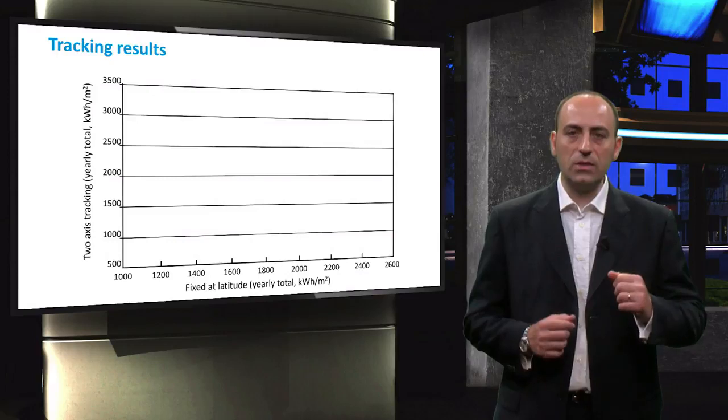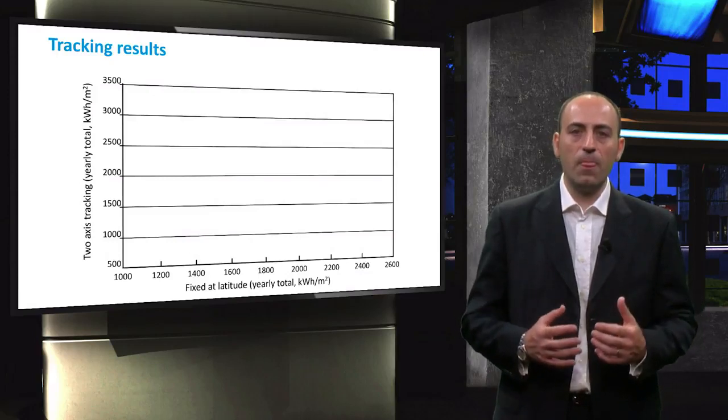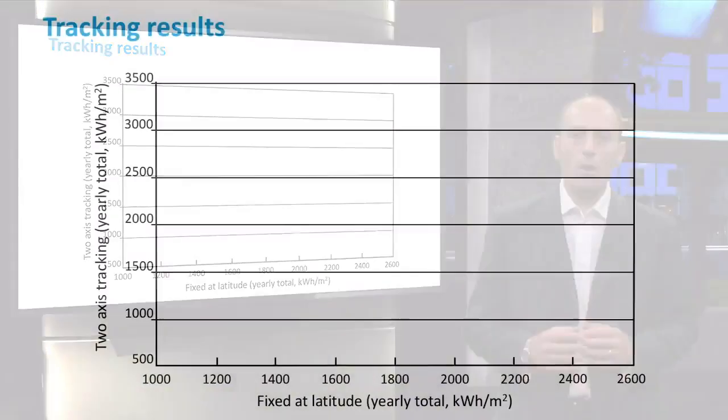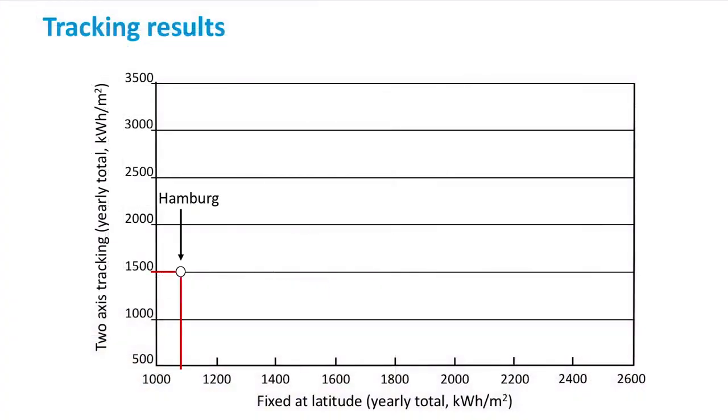On the vertical axis, we have the incident energy for a 2-axis tracking system, both expressed in kilowatt-hours per square meter. We consider, for example, the global irradiance incident on the module in Hamburg, in Germany, represented by the white circle. The annual amount of incident energy is about 400 kilowatt-hours per square meter higher for the two-axis tracking system, going from 1100 to 1500 kilowatt-hours per square meter.